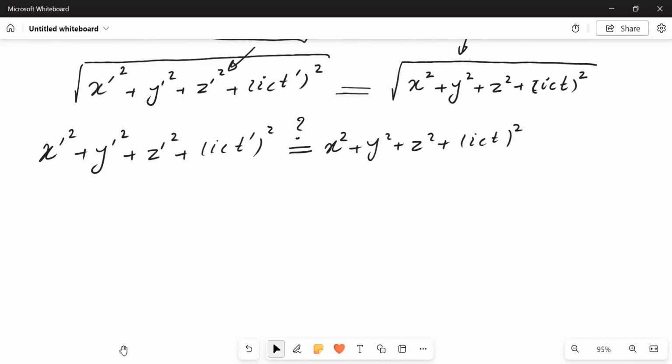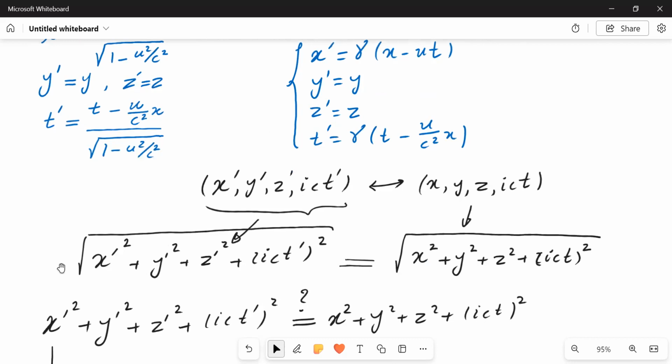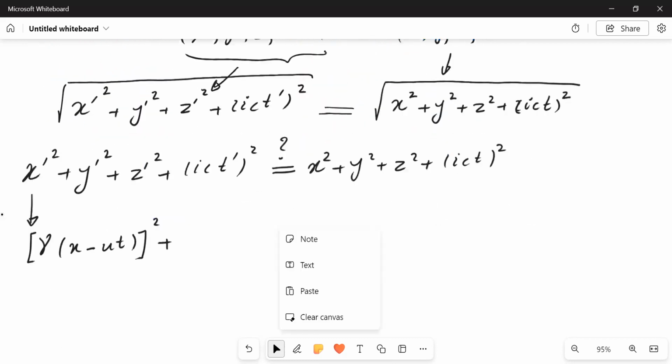So here, x prime, I would replace by the transformation into system S. So that is gamma times (x minus ut), the whole thing squared, plus y prime, which was the same. I'll go back to show you. You see y prime is the same as y, so for y prime, I will just replace it by y.